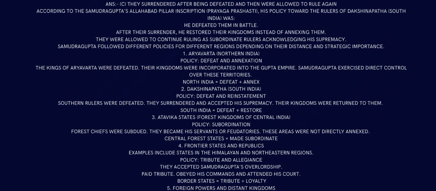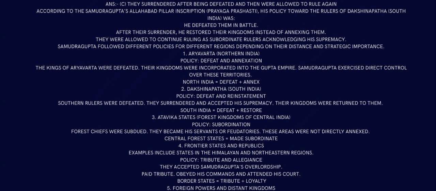The kings of Aryavarta were defeated and their kingdoms were incorporated into the Gupta Empire. Samudragupta exercised direct control. He did not let any other king rule like in South India. He just directly annexed them and took those territories under his control. North India is equal to what? Defeat plus annex, total control.